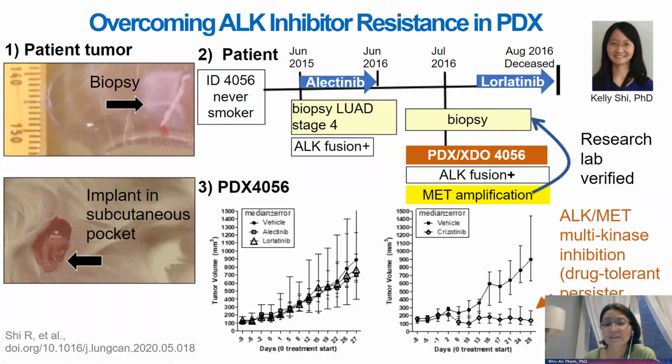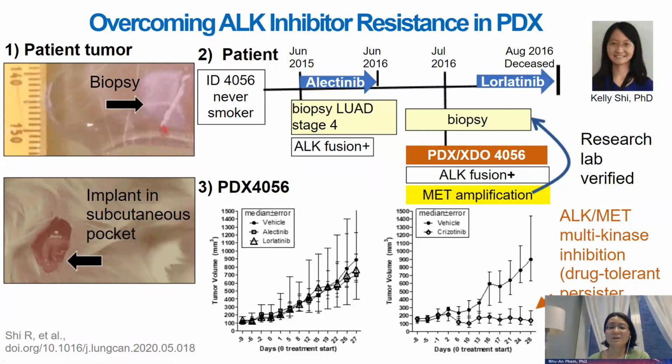And so we were curious, since crizotinib is a multi-kinase inhibitor, the other target would be MET amplification. So we took the biopsy and we retested for MET amplification, as you can see highlighted in yellow. And yes, we did verify that the biopsy had MET amplification.